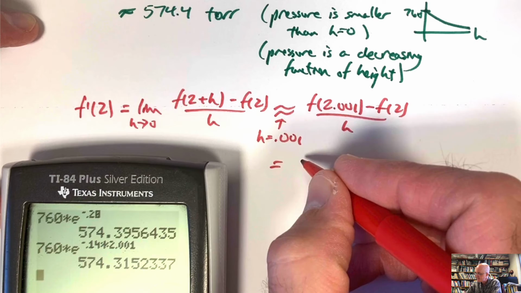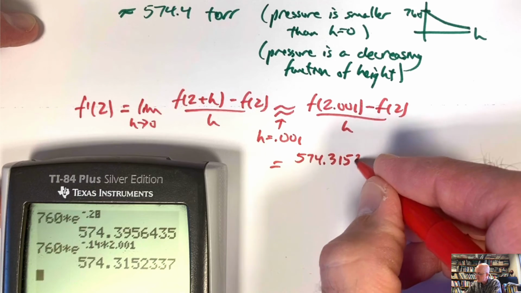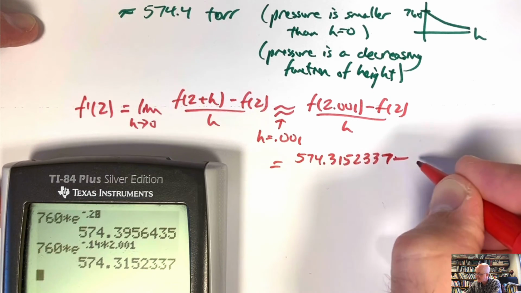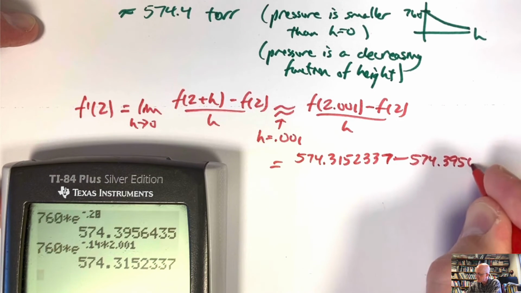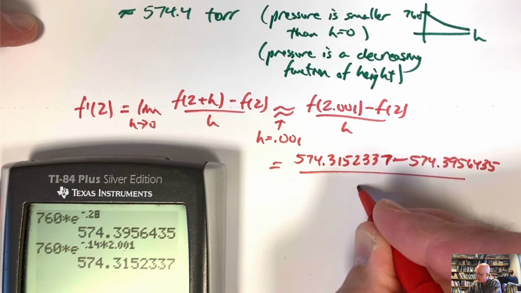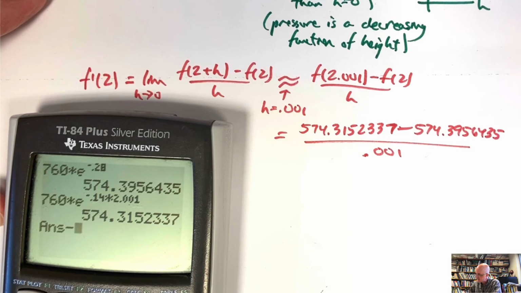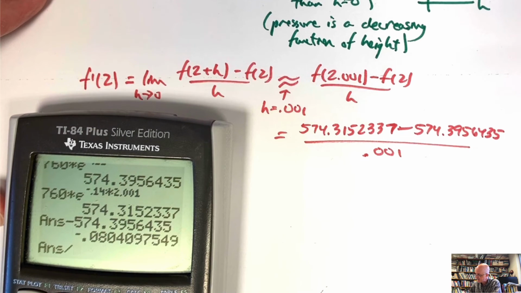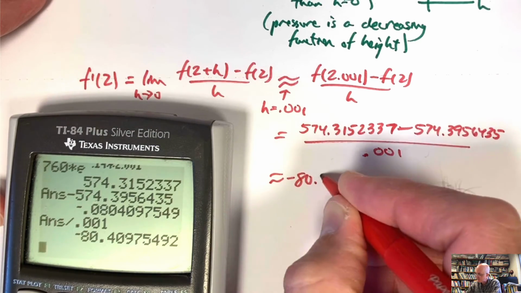So we're going to get 574.3162337 minus f of 2, which was 574.3956435, all divided by 0.001. I'm plugging in that value of h. So let's subtract to get a small negative number. Divide that small negative number by positive 0.001, and I get approximately negative 80.4.